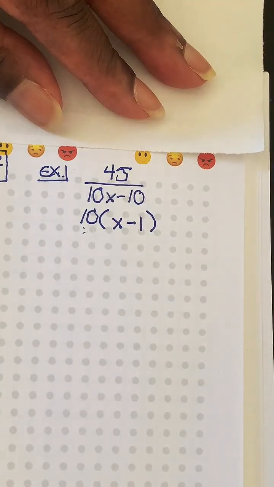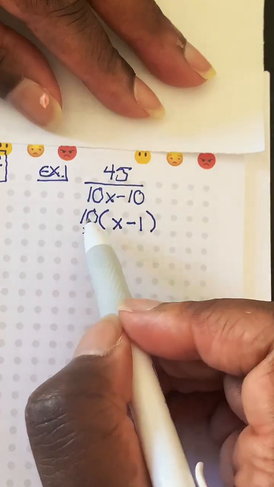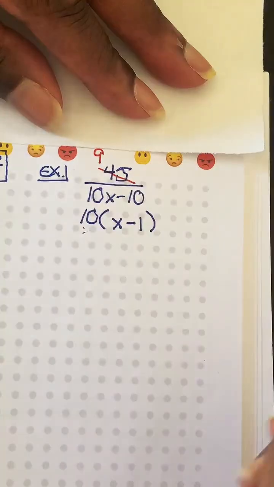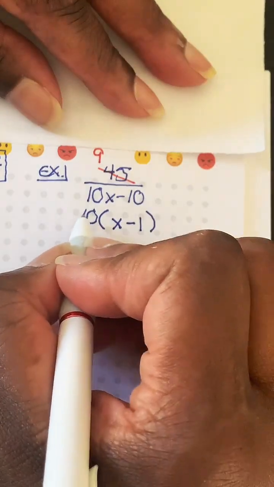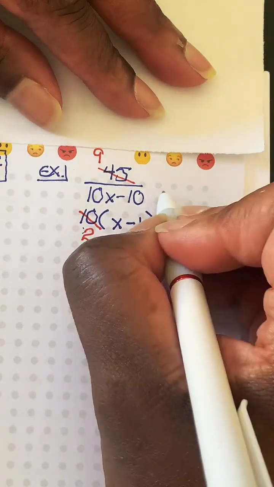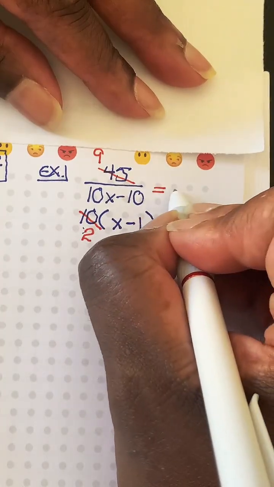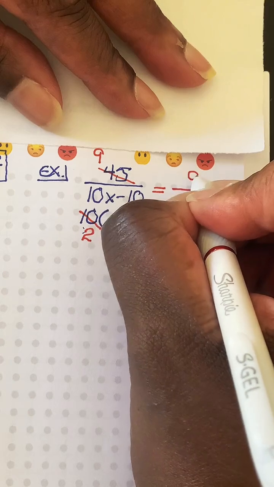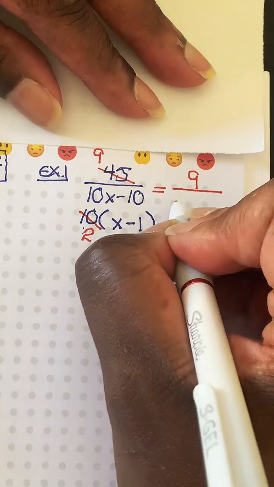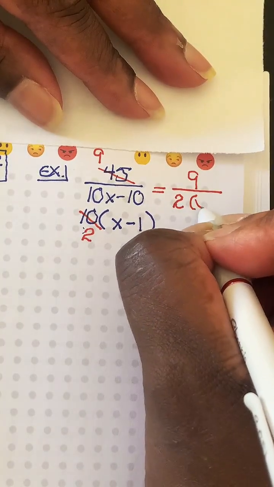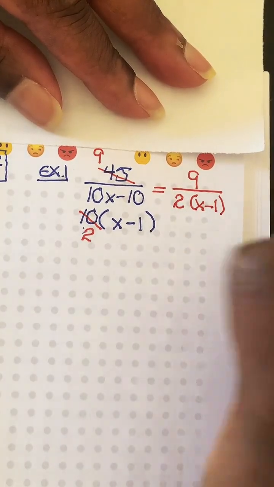All right, 45 and 10, they both have 5 in common. So what I can do is reduce the 45 and the 10 by 5. So 45 divided by 5 gives me a 9, and 10 divided by 5 gives me a 2. So in actuality, keeping it as an improper fraction, your numerator is going to be a 9, your denominator is going to be a 2, and then you're still going to have your x minus 1.